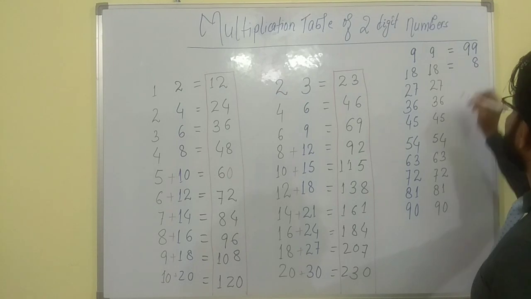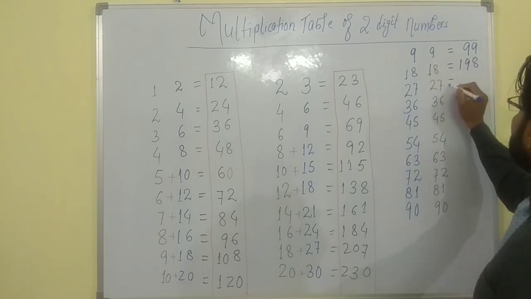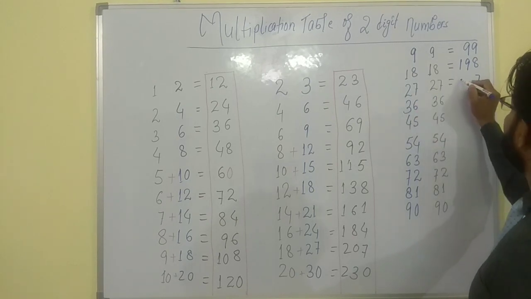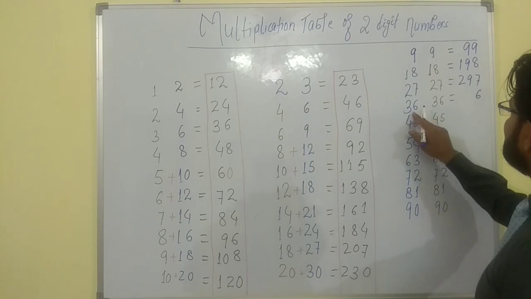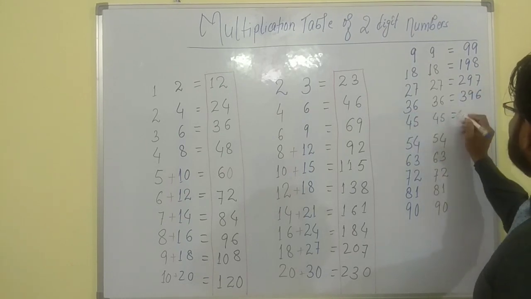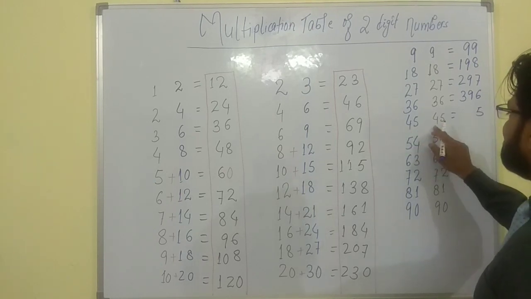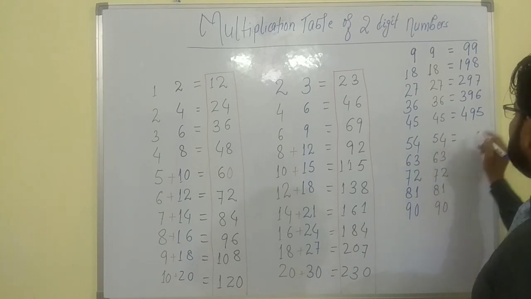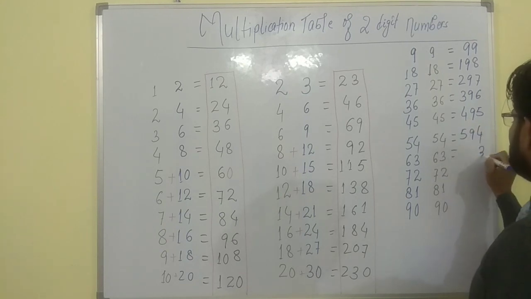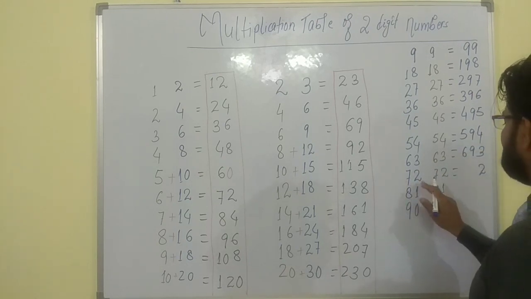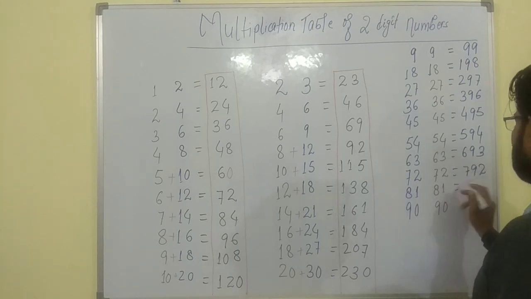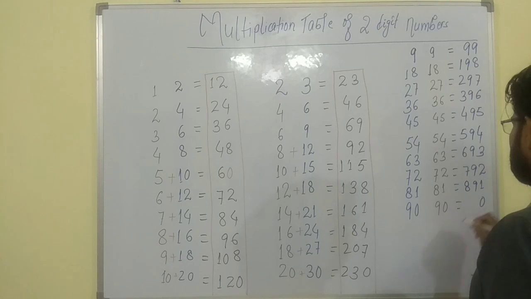So here, for 99: unit place 8, 18 plus 1, 19. 7 at unit place, 27 plus 2, 29. 6 at unit place, 36 plus 3, 39. 5 at unit place, 45 plus 4, 49. 4 at unit place, 54 plus 5, 59. 3 at unit place, 63 and 6, 69. 2 at unit place, 72 plus 7, 79. 1 at unit place, 81 plus 8, 89. 0 at unit place, 90 plus 9, 99.